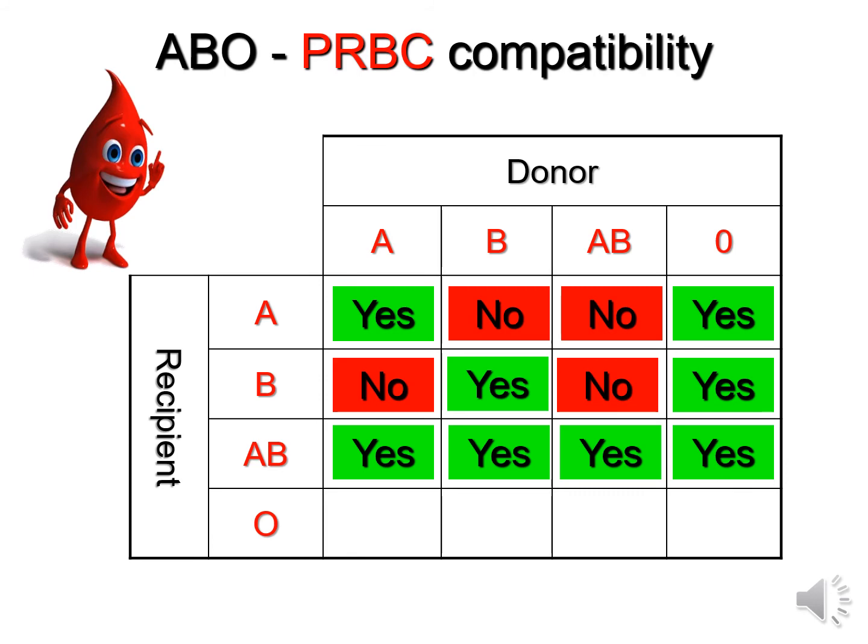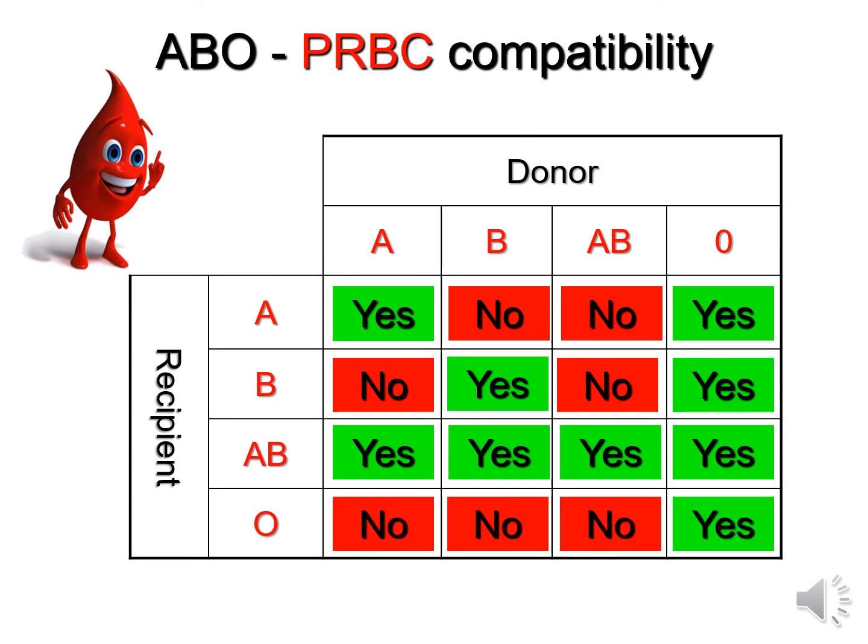What about O? With a donor and a recipient with O blood group: A and O are not compatible, B and O are not compatible, AB and O are not compatible, but O and O are compatible.